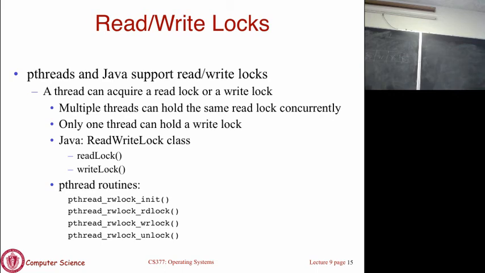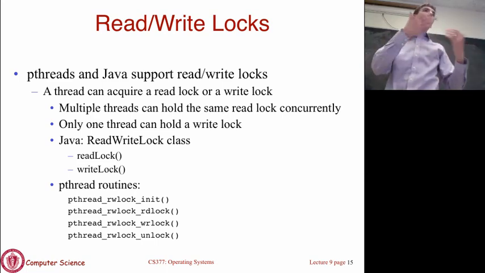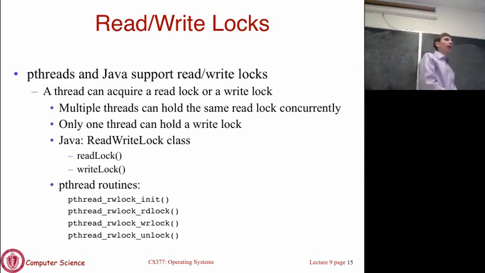If you're programming in Java, for example, you have this read-write lock class, and it has two methods, read lock and write lock, and they do exactly what we've described. You can have multiple threads call read lock and all hold the read lock at once, and only one thread is going to be able to hold the write lock. And pthreads has a similar thing.